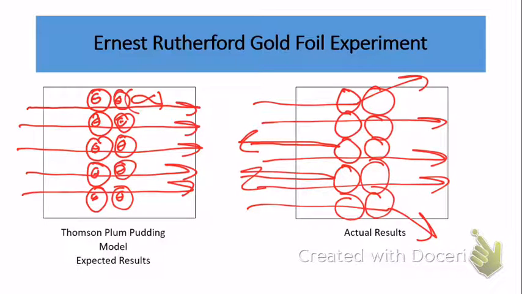Right? Now, because these alpha particles were being deflected at different angles, Rutherford immediately knew something was wrong with J.J. Thomson's plum pudding model. Now, he was a smart man, and because of his genius, he recognized what was really occurring here. All right?